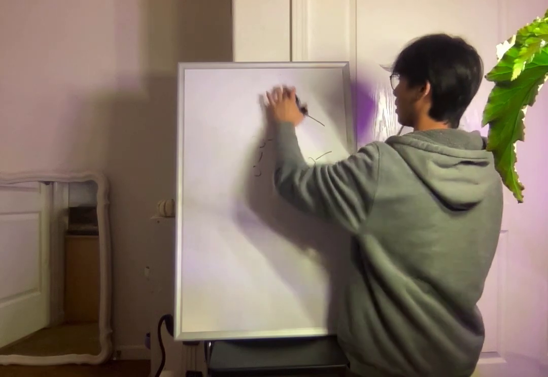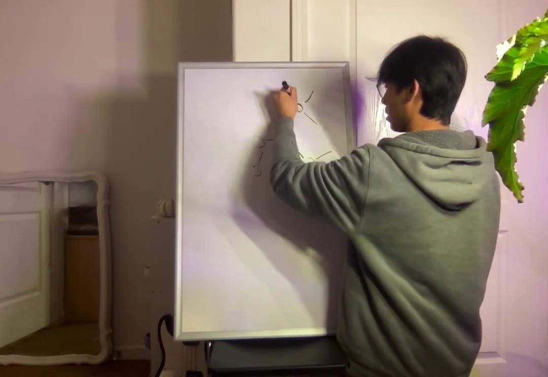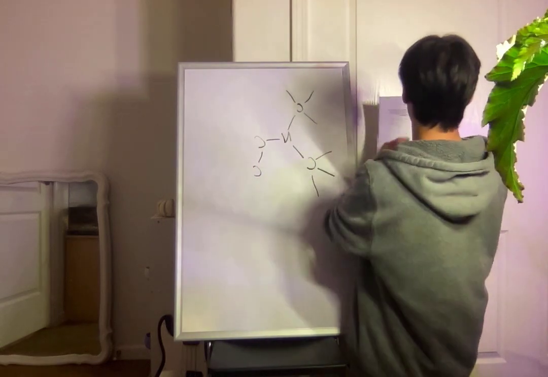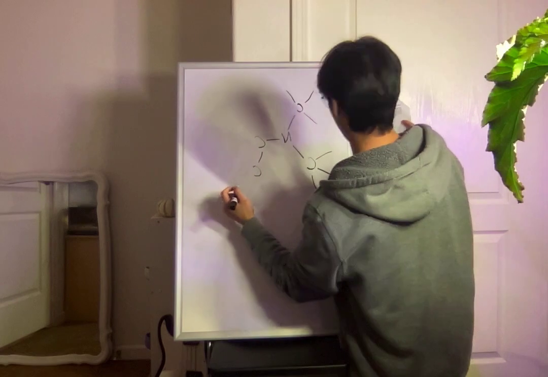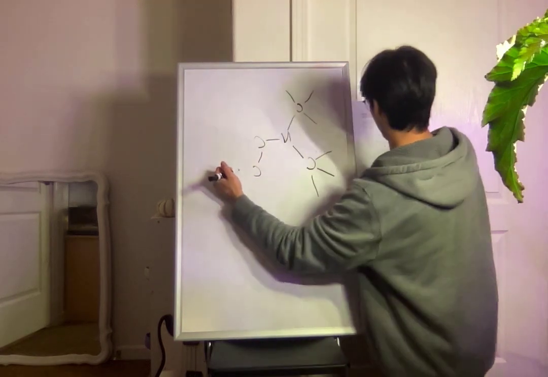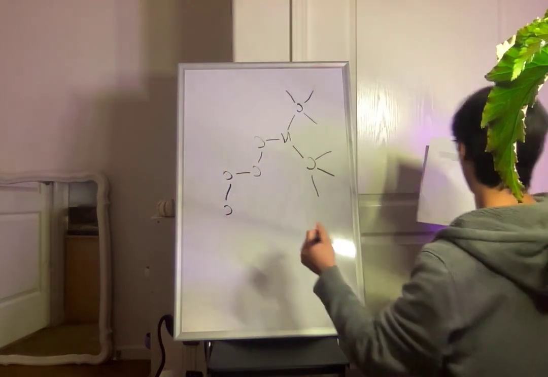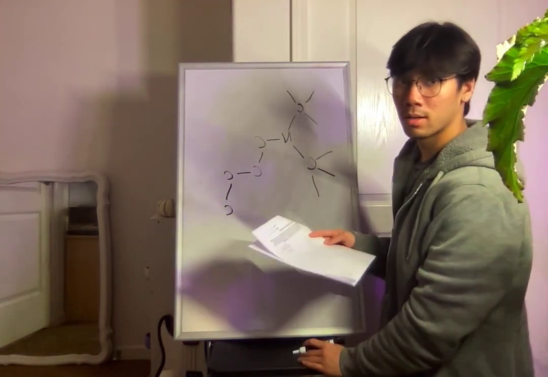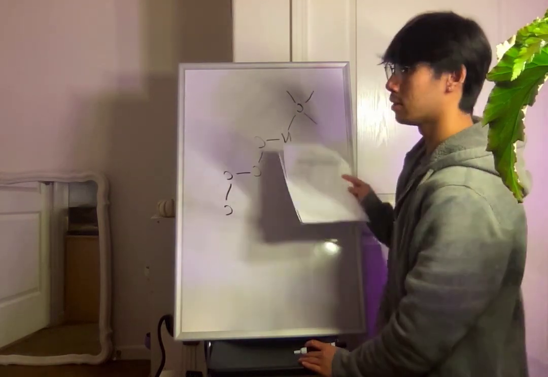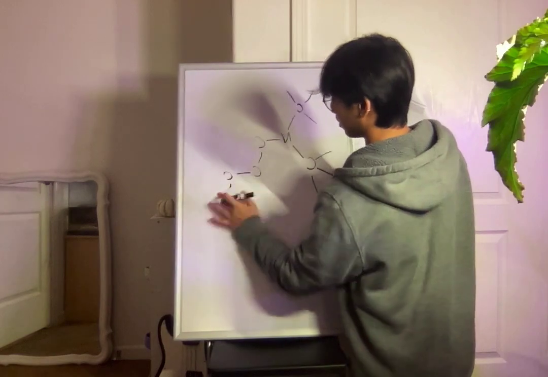I'm going to fix this a little bit. And then, okay. And there's going to be a carbon here, and then a carbon here. And then I'm out of room. So, sheesh. Okay, I'm going to start from the top, guys.